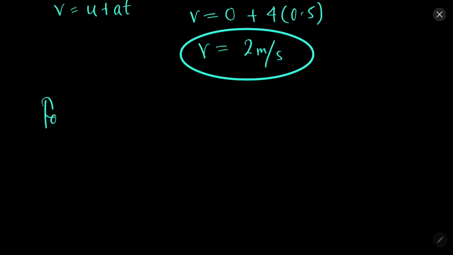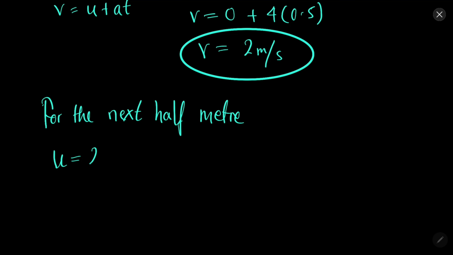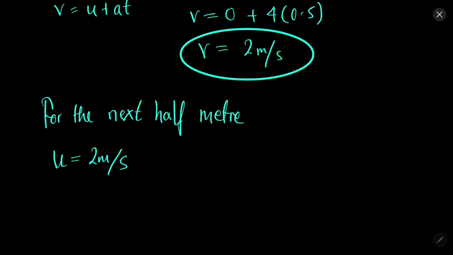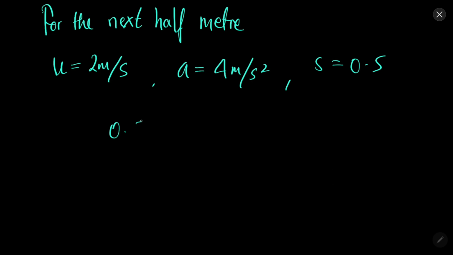So for the next half meter, we will have initial velocity equal to 2 meter per second, because this velocity will now be the initial velocity in the next half. Acceleration is same, 4 meter per second square, and again displacement is 0.5. We need to find the time: 0.5 equal to 2t plus half into 4 into t square.